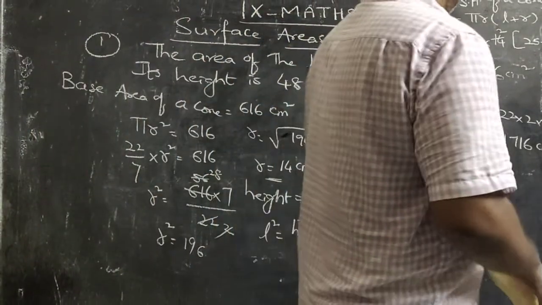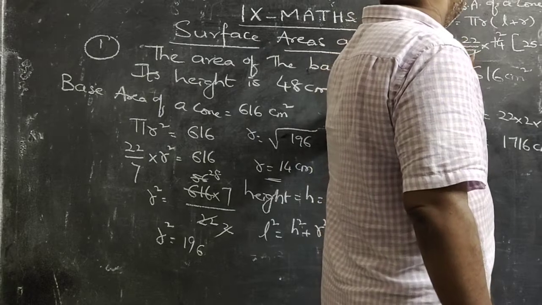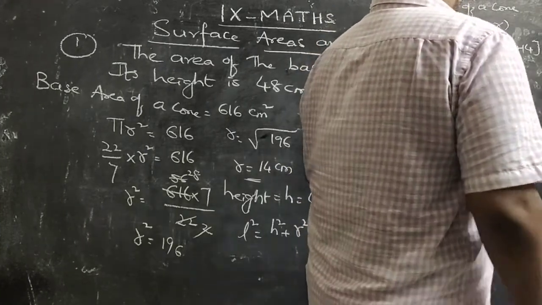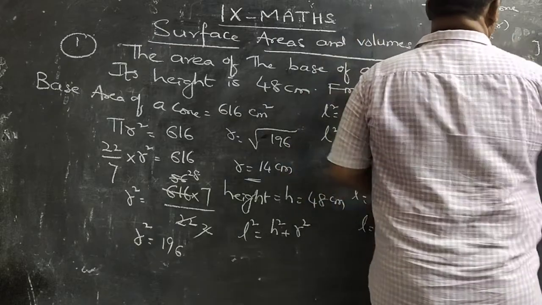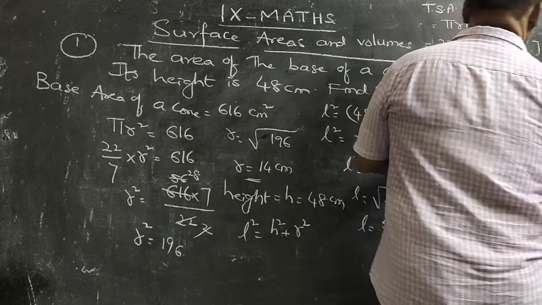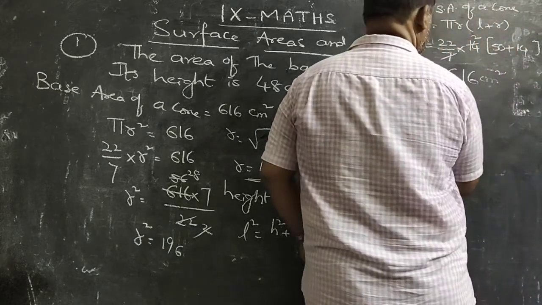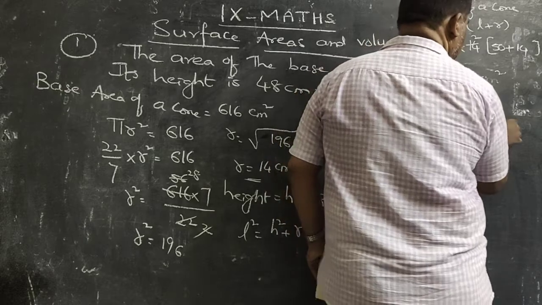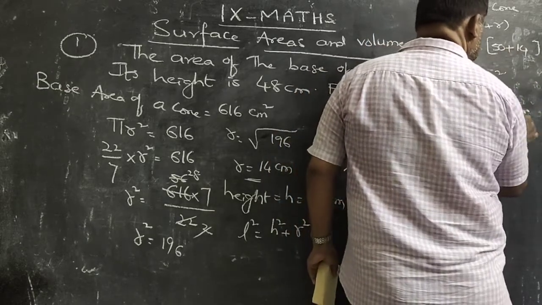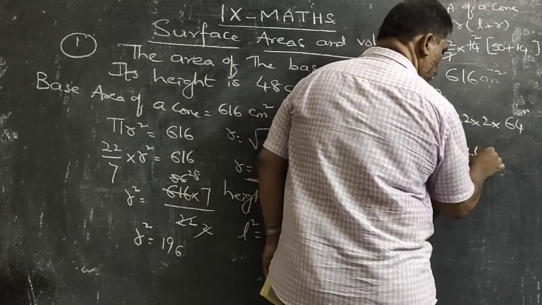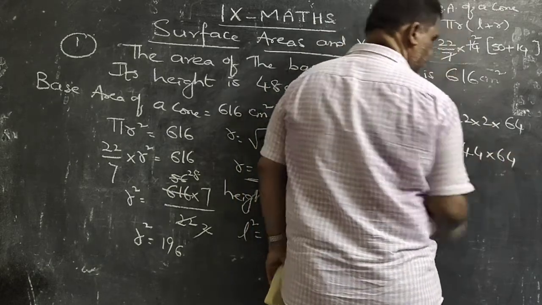Pi r into L plus r. Pi is 22 by 7, r is 14, L, our slant height, is 50. So 50 plus 14. This is 22 into 2, 50 plus 14 is 64. 22 into 2 is 44 into 64.